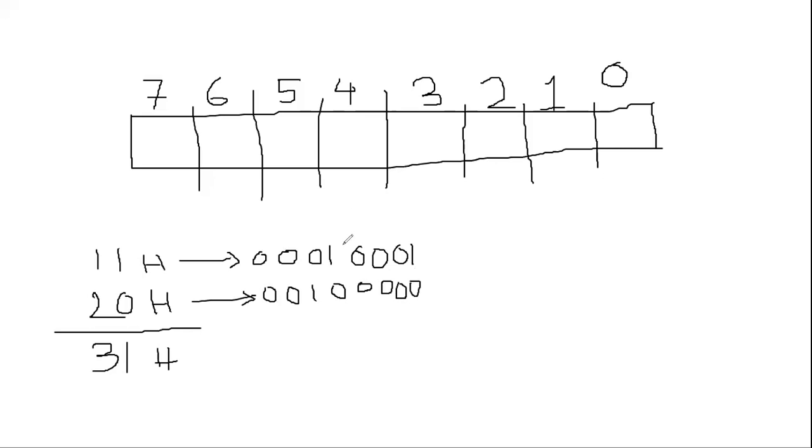Okay. So if we divide it into 4 bits and 4 bits, this will be the lower nibble, the first bit to the fourth bit.